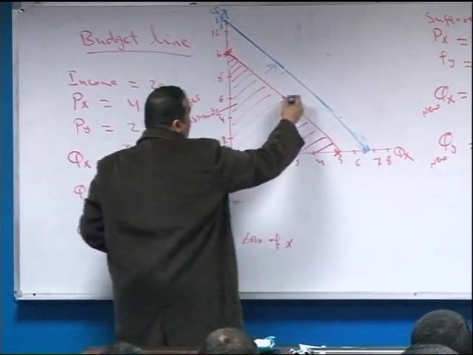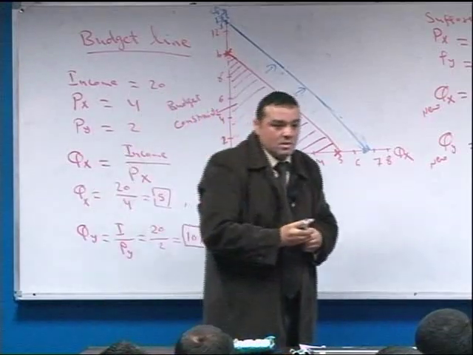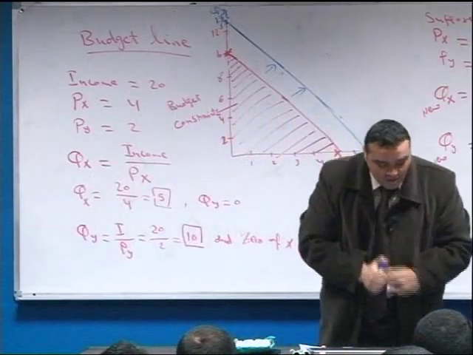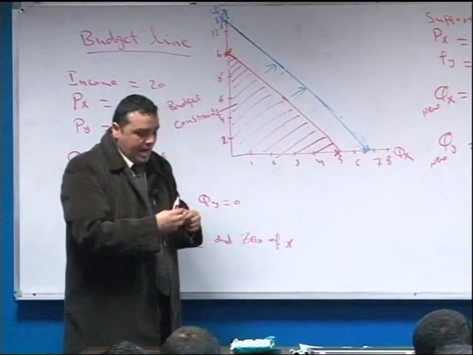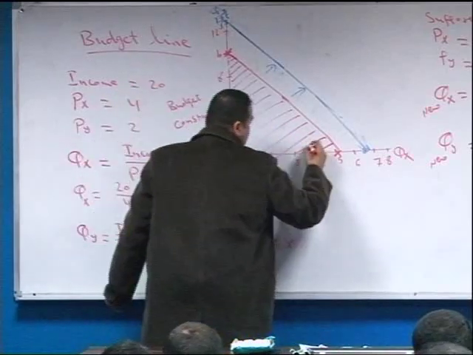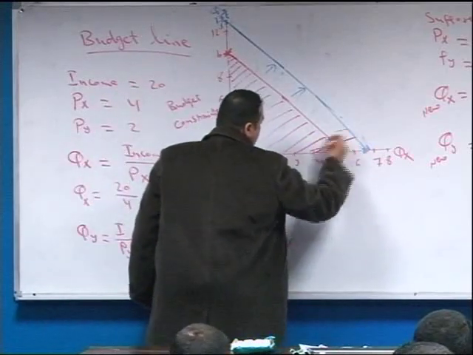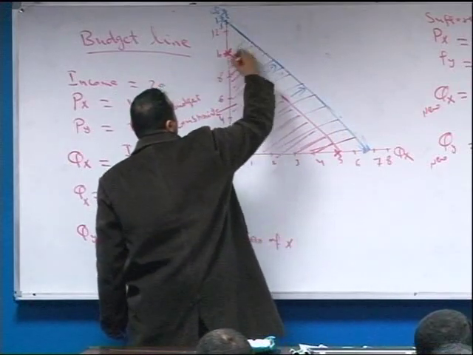So as you see, when the consumer income increased, this leads to a rightward shifting of the budget line, and the budget constraint has increased. This is the new budget constraint.